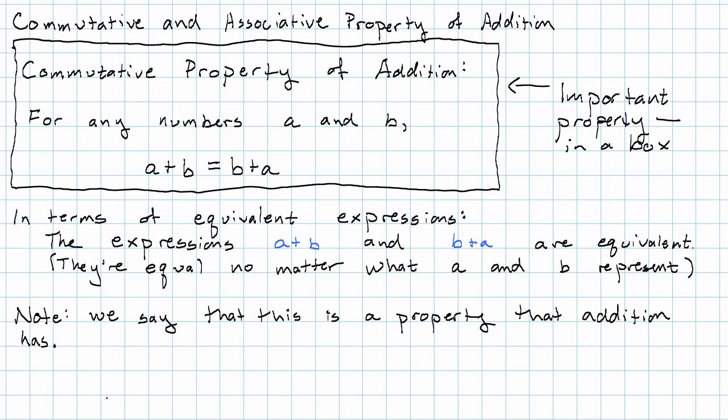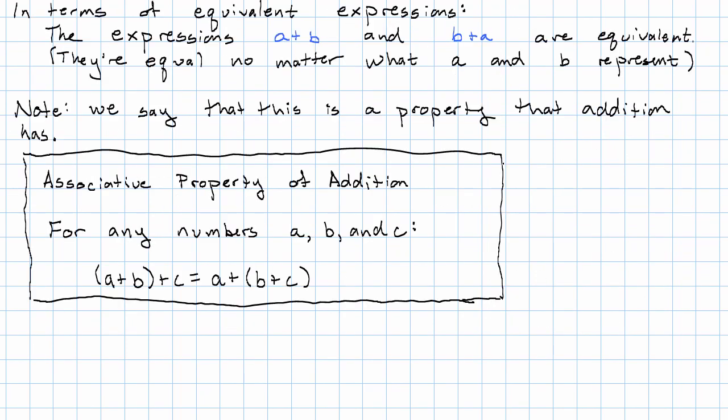Addition also has another nice property, the associative property. The associative property says if I'm adding together three numbers, I can add together the first two and then add in the third one. Or I can first add together the second and the third and then add them to the first one.